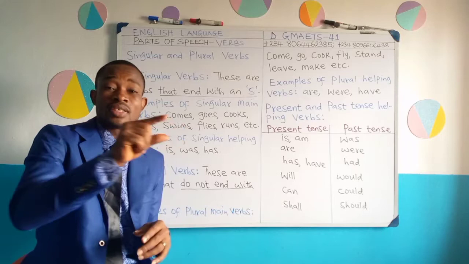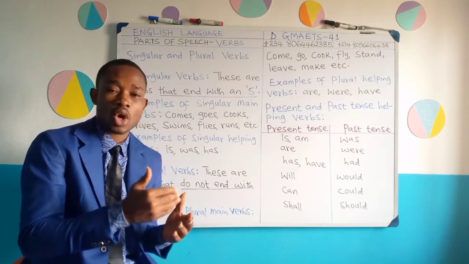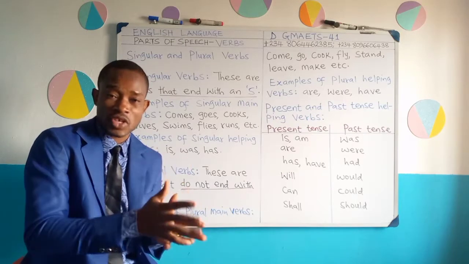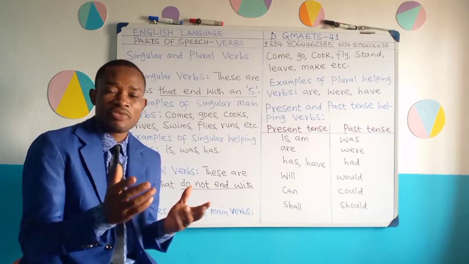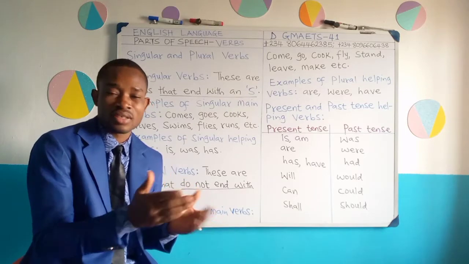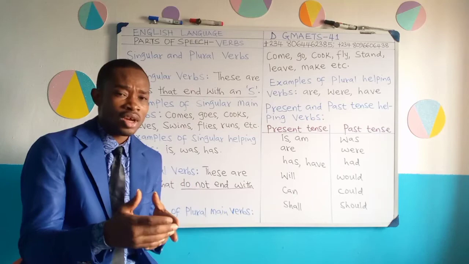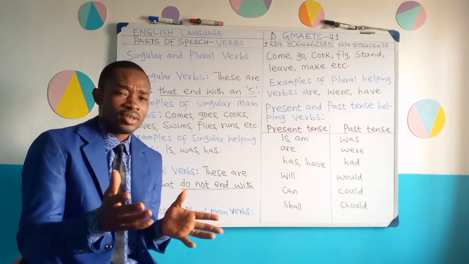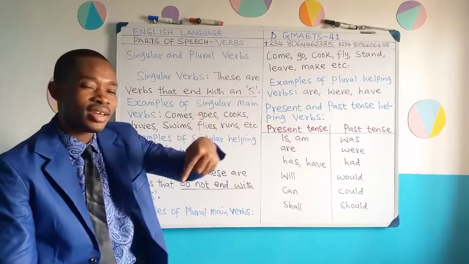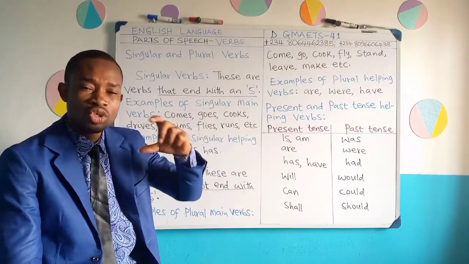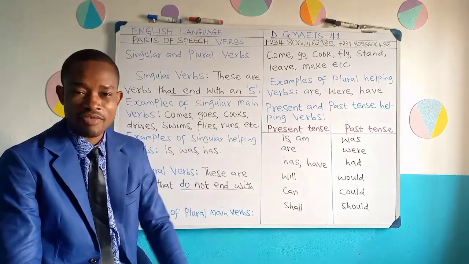Because when you use them in a sentence, they can either go with a singular subject or a plural subject of a sentence. Is that okay? So we cannot really refer to a modal auxiliary verb as being singular or being plural. Is that okay? So when you hear about singular or plural auxiliary verb, usually our interest is primary auxiliary verb.